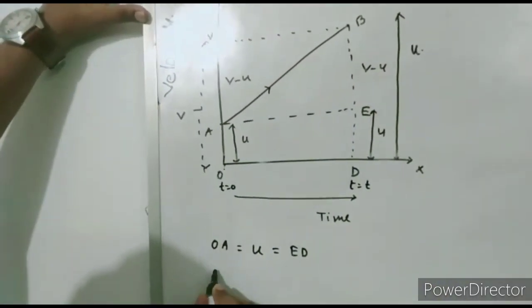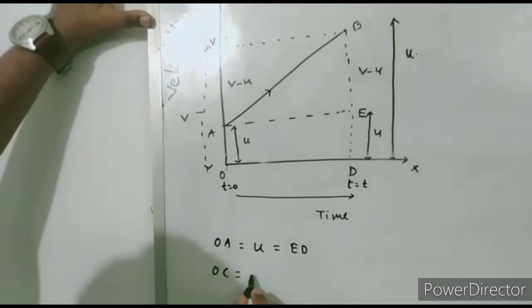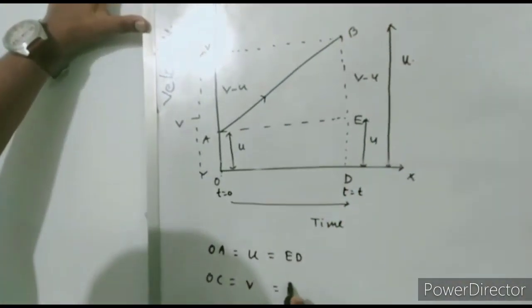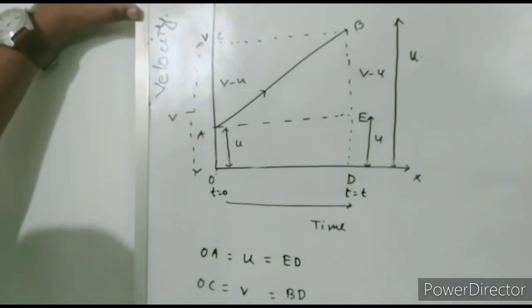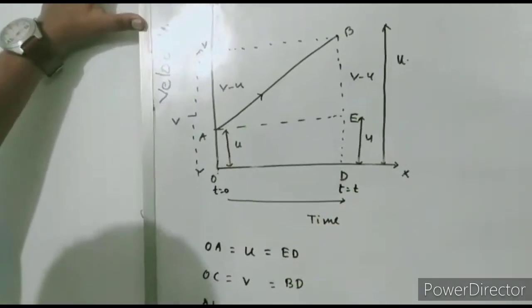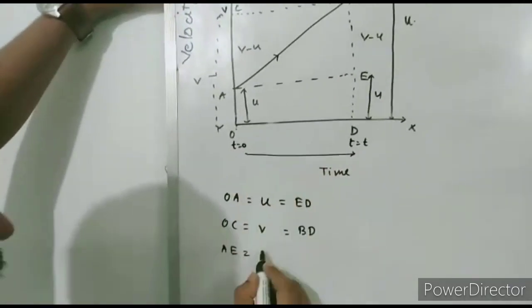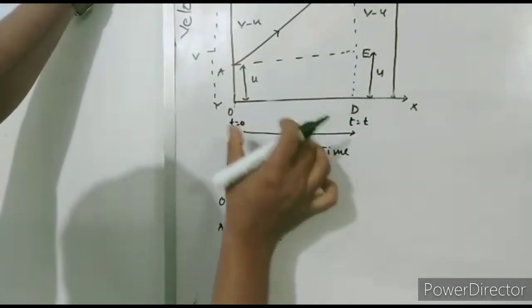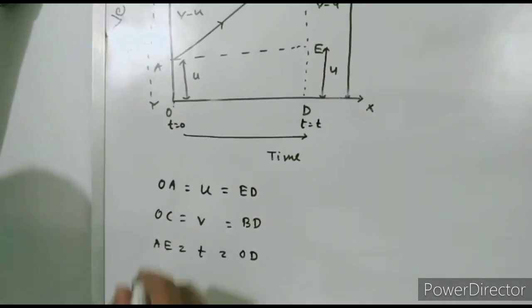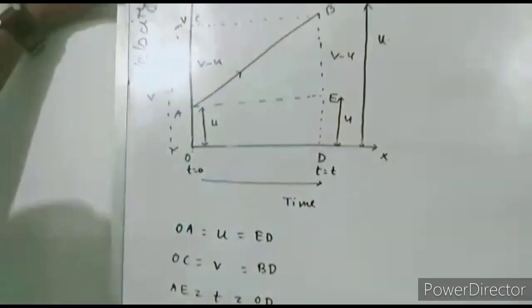Now students, the value of OC equals v. If OC equals v, then BD is also v. Both remain the same. Now what is the value of AE? AE equals t, and then OD also remains the same, t. Now what is the value of AC?